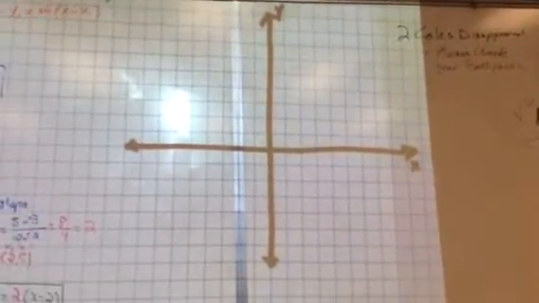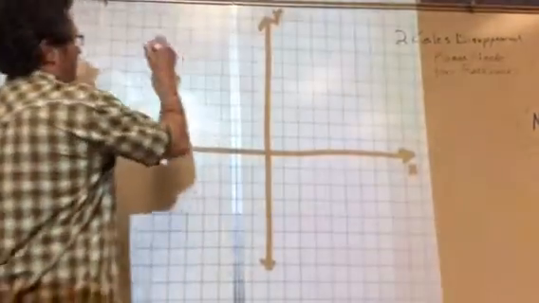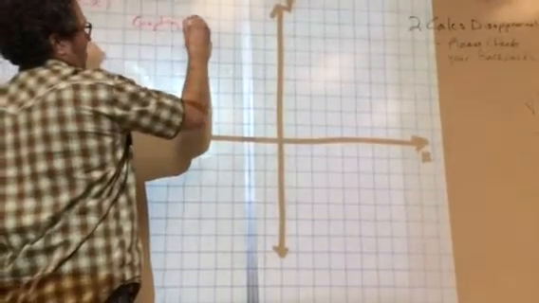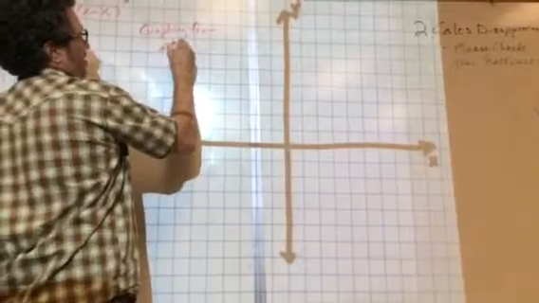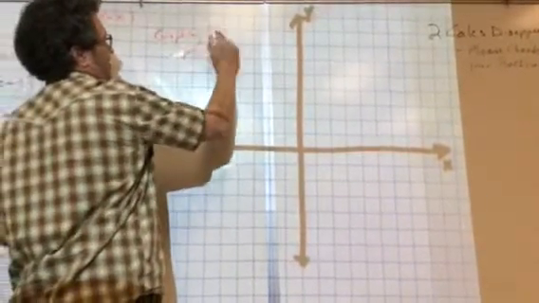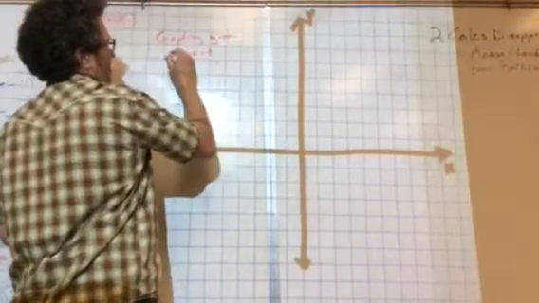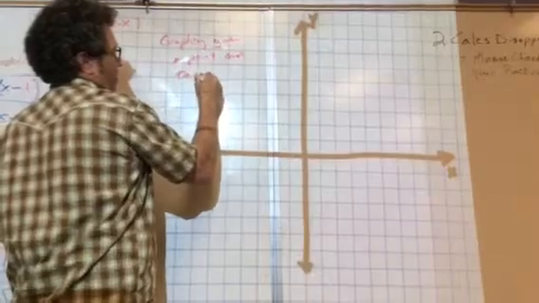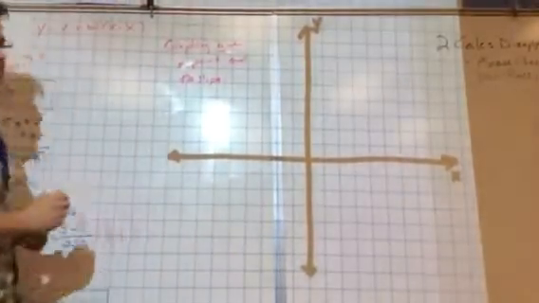So, if I give you a point and the slope, let's call this graphing given a point and the slope.